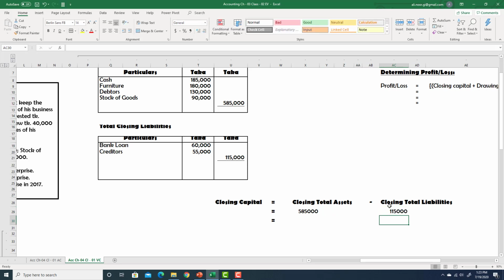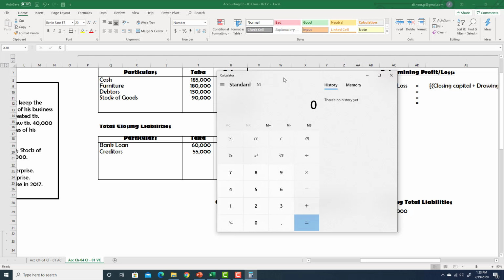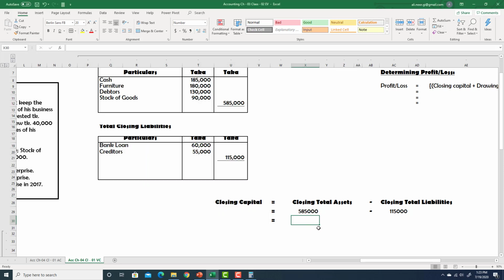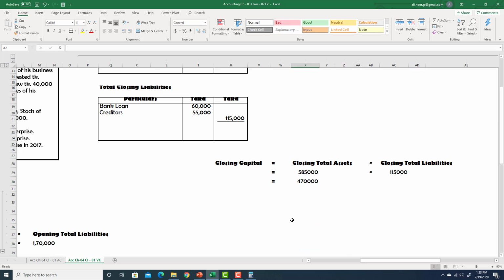Let's put a minus sign here and subtract. 5,85,000 minus 1,15,000 is 4,70,000.